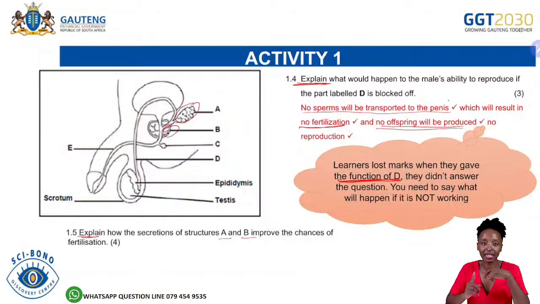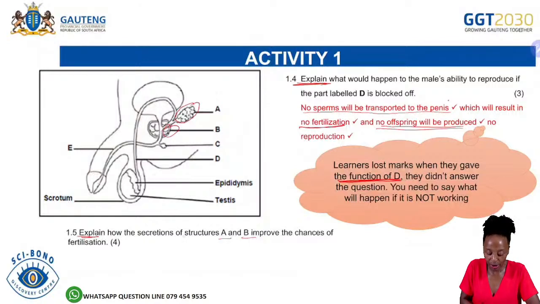This fluid is alkaline so that it provides protection against the acidic condition. This fluid has nutrients, which means it gives energy to the sperm cells for them to be able to swim until they get to the fallopian tubes. We also said this fluid has mucus so that they can move easily, for the mobility of the sperm cells.